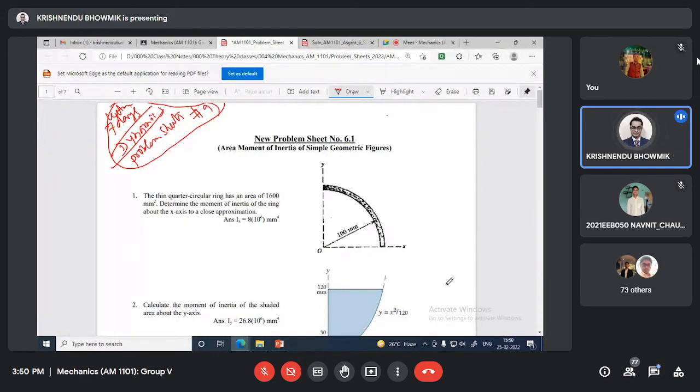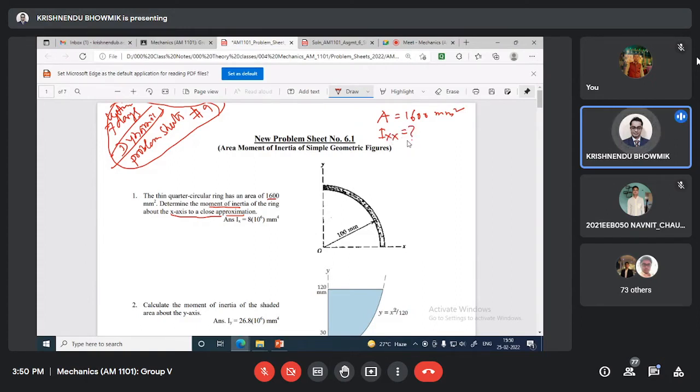Say 6.1 number 1. It is given that the ring has some area, A value is given, 1600 millimeter square. You have to calculate the moment of inertia of the ring with respect to the x-axis, to a close approximation. So you have to calculate the Ixx value.